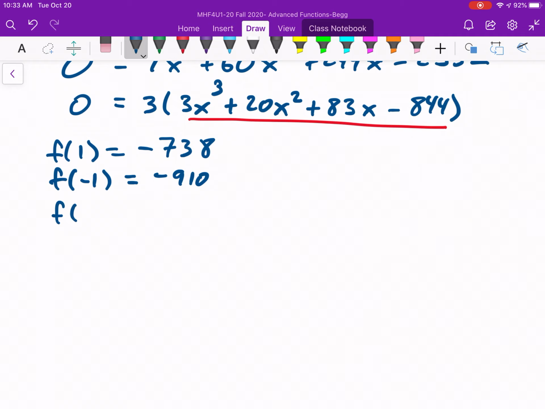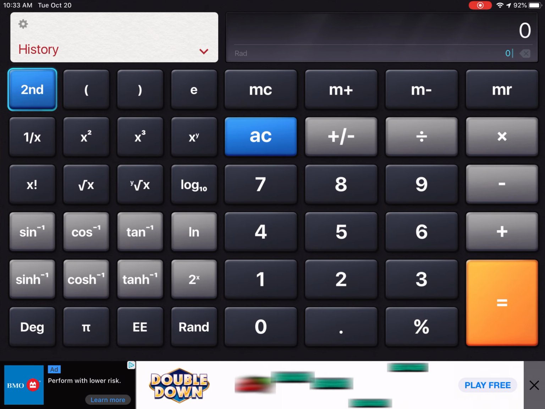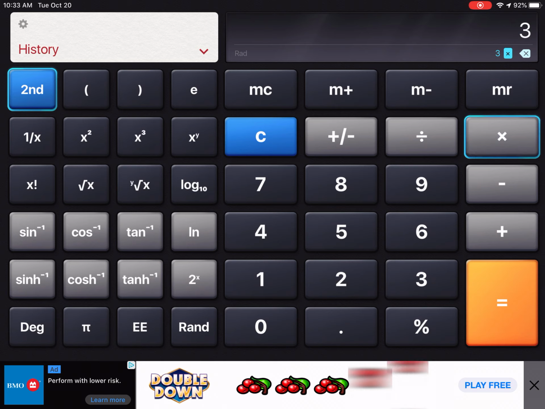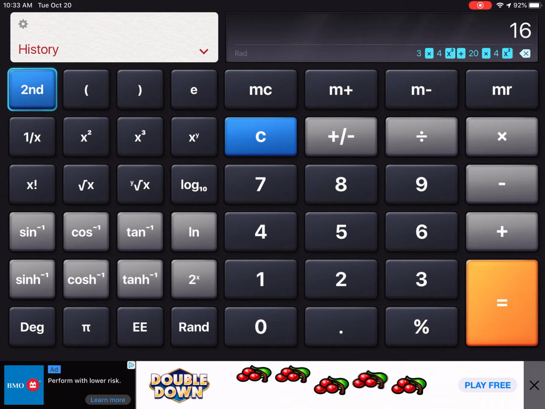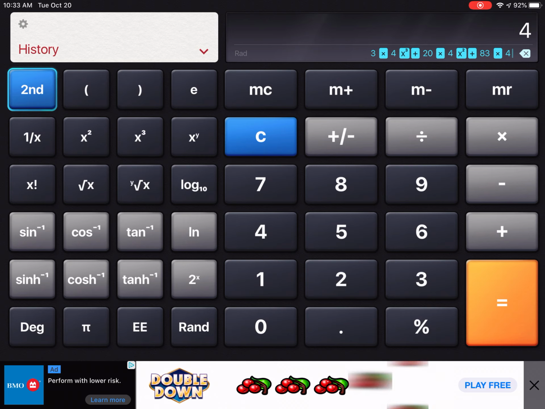So if I try f at 4, then I have 3 times 4 cubed plus 20 times 4 squared plus 83 times 4 minus 844, and that one does equal 0.